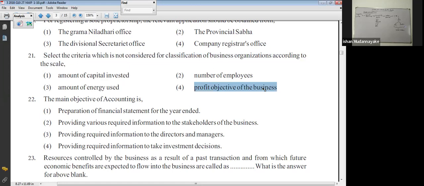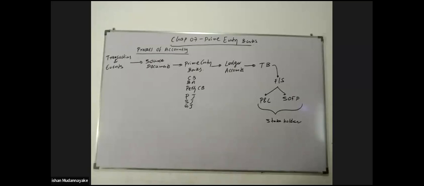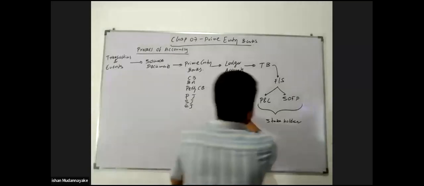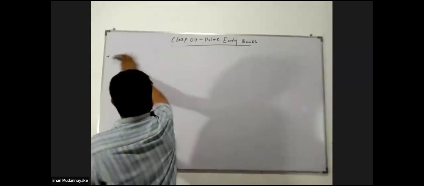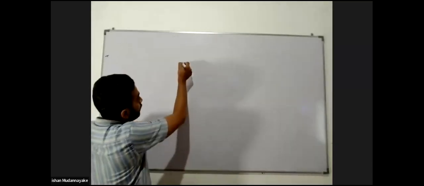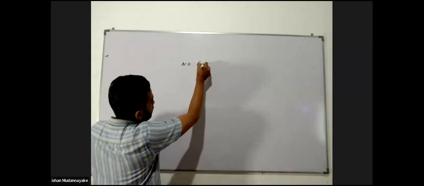Tamai, what are the criteria that we use to classify a business organization based on scale? We have 4 criteria. Number of employees.